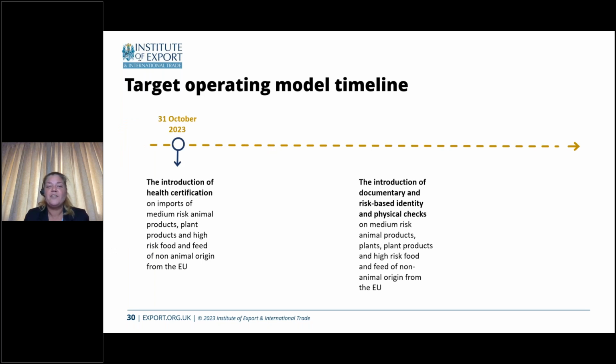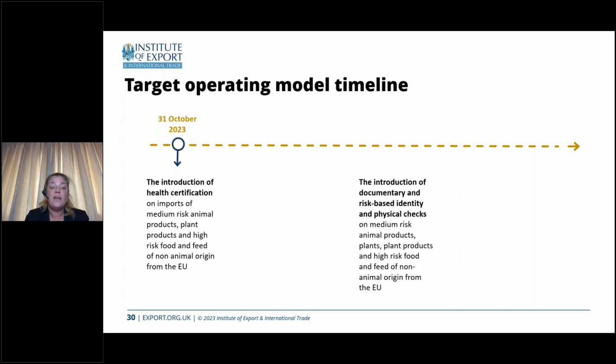So here we have our target operating model timeline, and this is very important for anyone utilising SPS, whether you are the importer or you are the mode of transportation for those goods. The introduction of the health certification on imports for medium risk animal products, plant products, and high risk food and feed of non-animal origin will be introduced on the 31st of October this year, which means the inspections will start to take place.